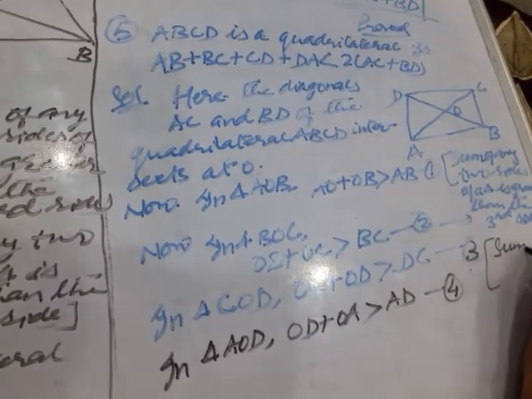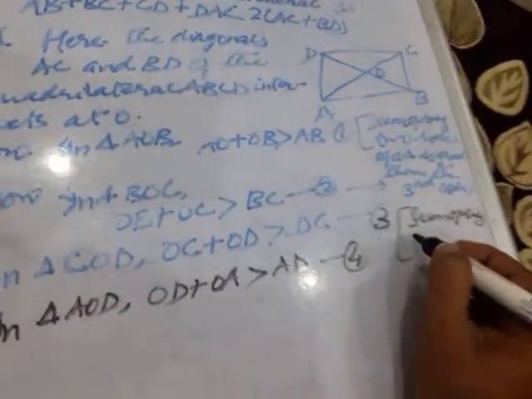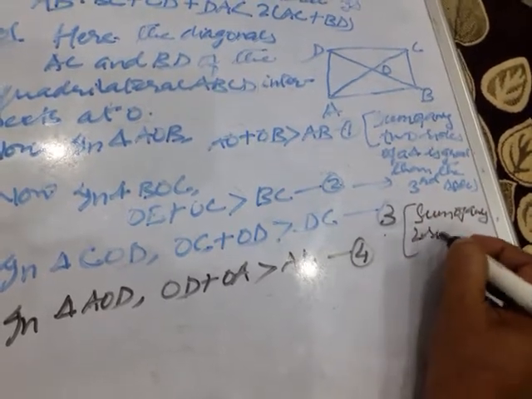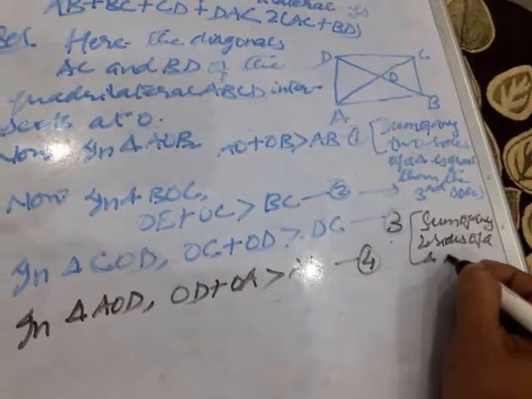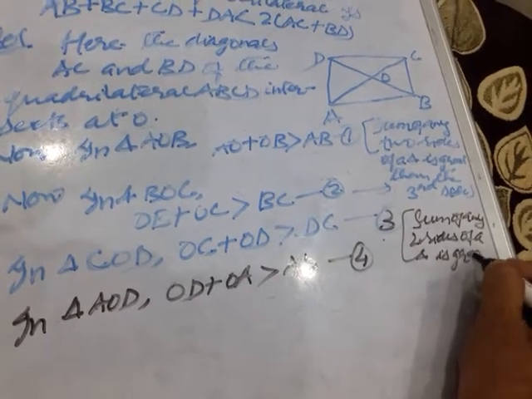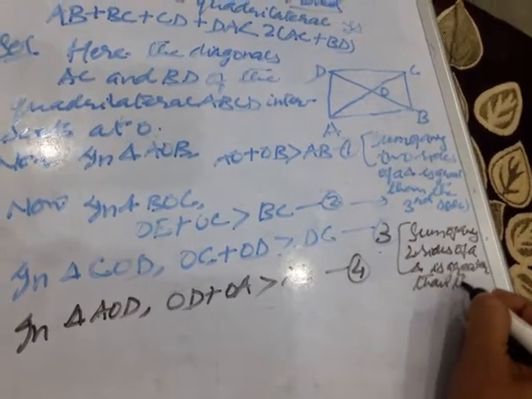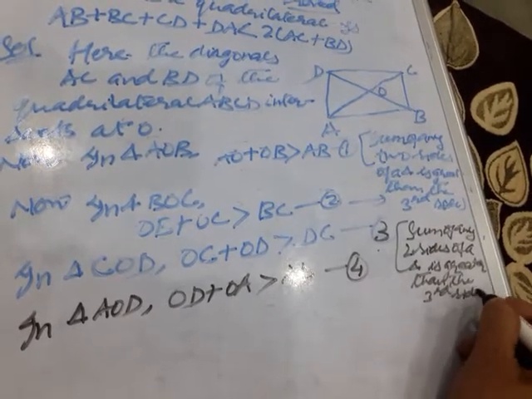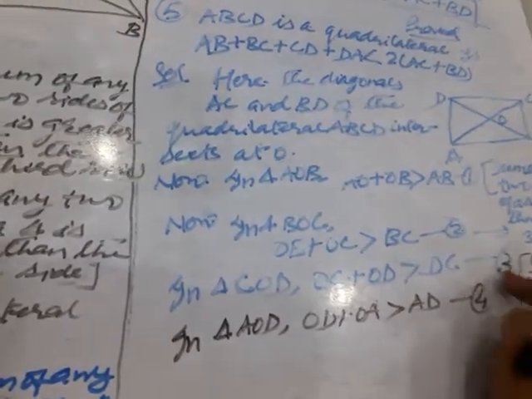Sum of any two sides of a triangle is greater than the third side. Right children? So how many equations do we have now? Equation number 1, equation number 2, 3 and 4.